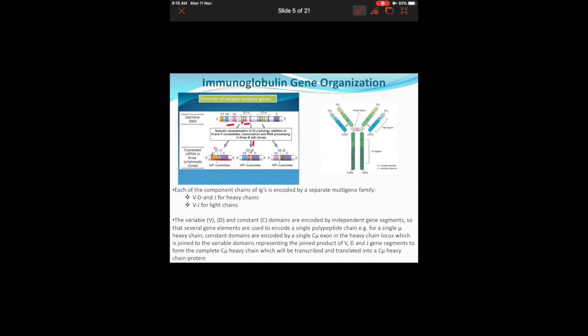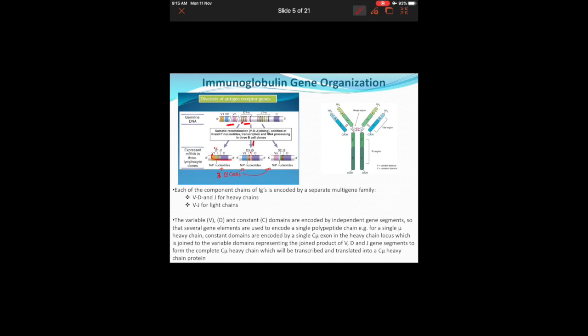In the one B cell, D1 has linked up to J1, the next one, D3, is linked up to J5, and this one, D2, is linked up to J2. This is the first selection and joining that happens.